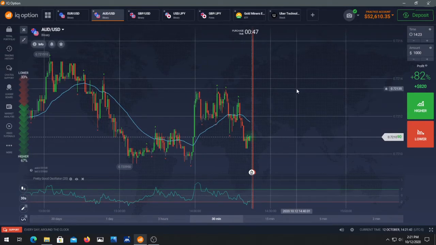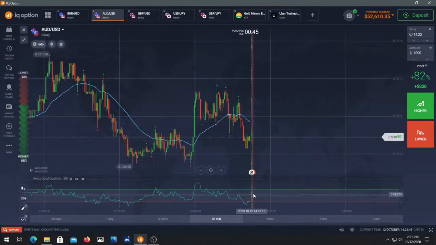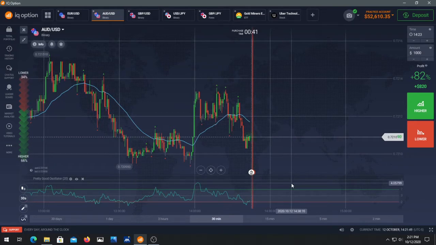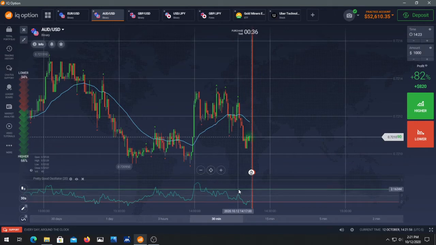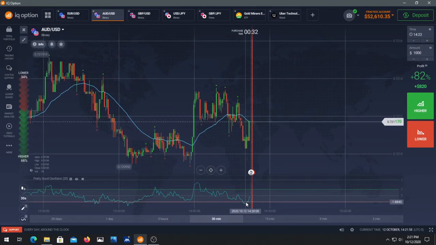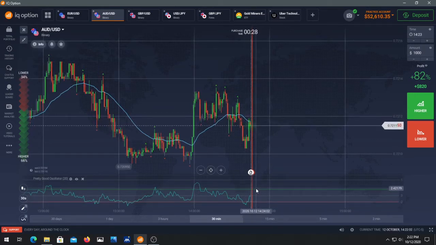So let's go in. With the Pretty Good Oscillator now, here is how we're going to call our trades. These two lines: the red one is the oversold line and the green one is the overbought line. Sorry about that.